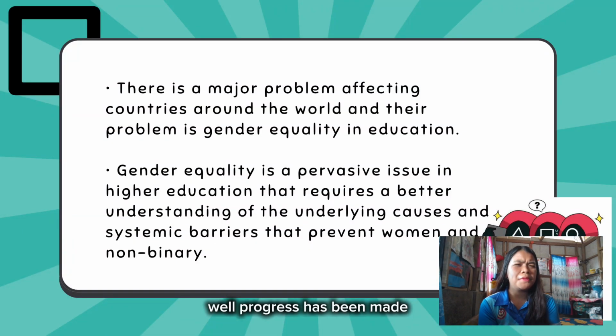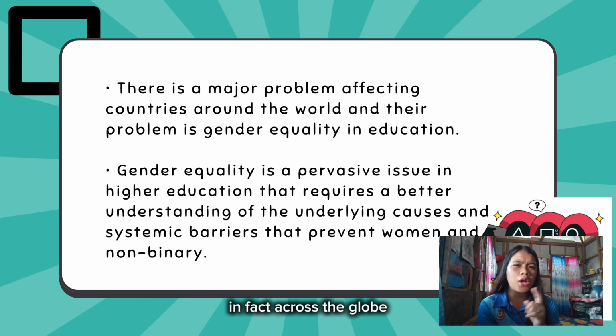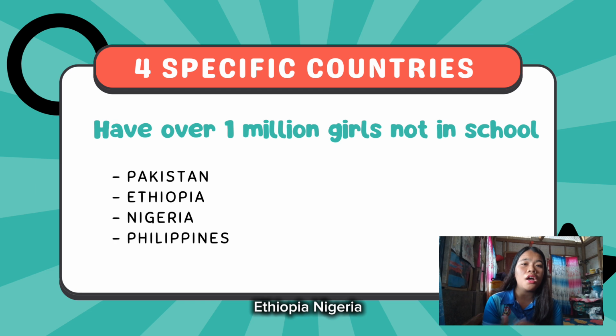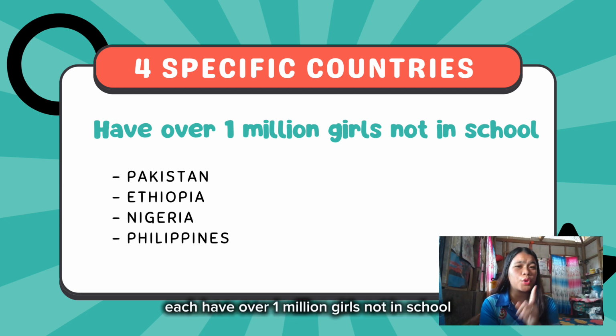Next, let's now focus on a big problem: gender inequality in higher education. While progress has been made, it's not enough. Why? Because learning alone doesn't solve deep-rooted inequalities. In fact, across the globe, millions of girls are still out of school. For example, countries like Pakistan, Ethiopia, Nigeria, and even the Philippines each have over 1 million girls not in school.